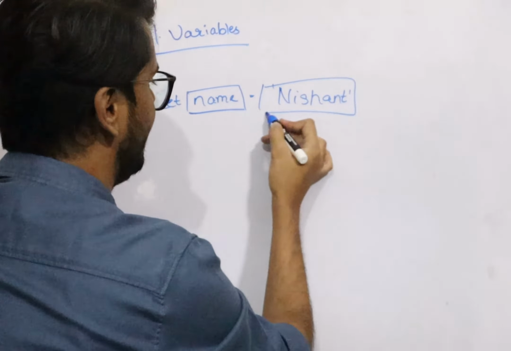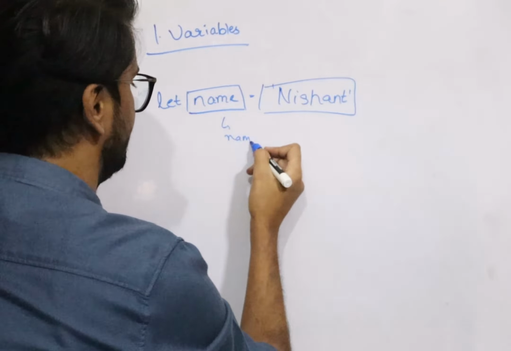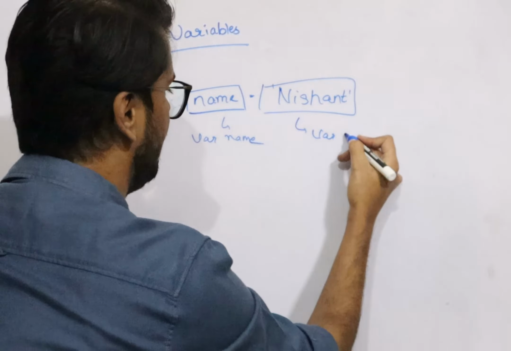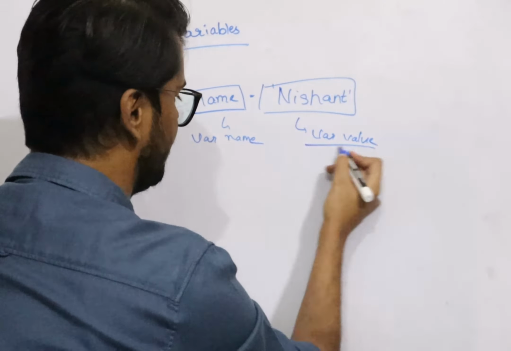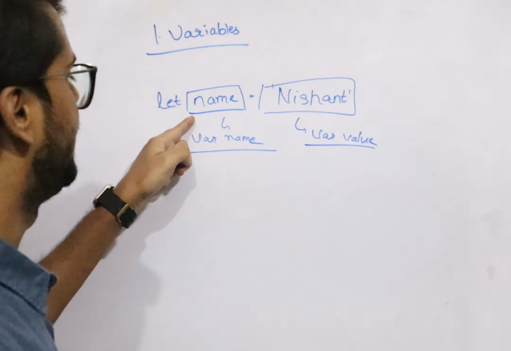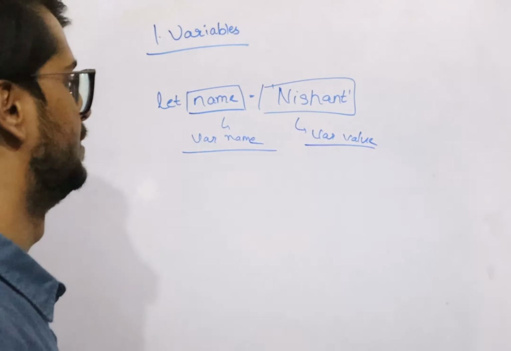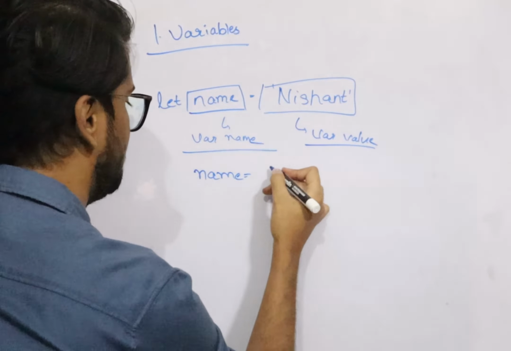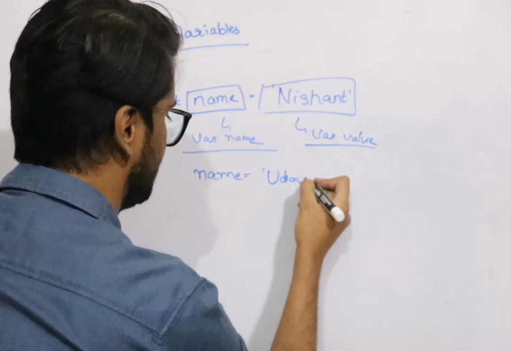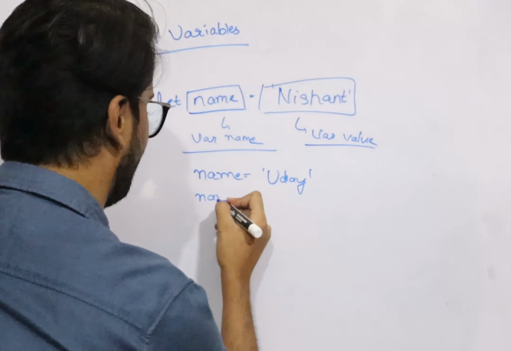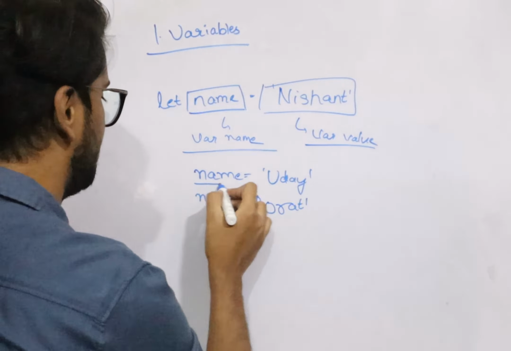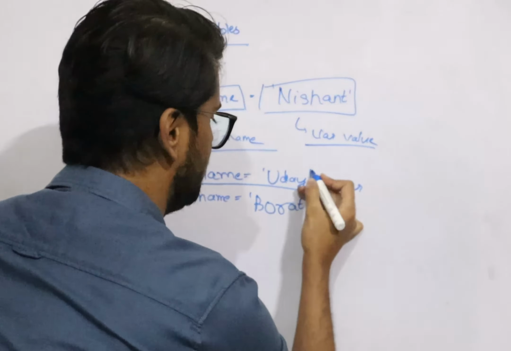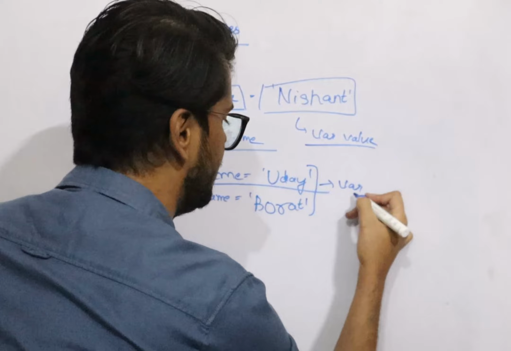This is the value. This is the variable name, and this is the variable value. We can also reassign it. If I change this to, let's say, Uday, or even something like Borat, this is called variable redeclaration.